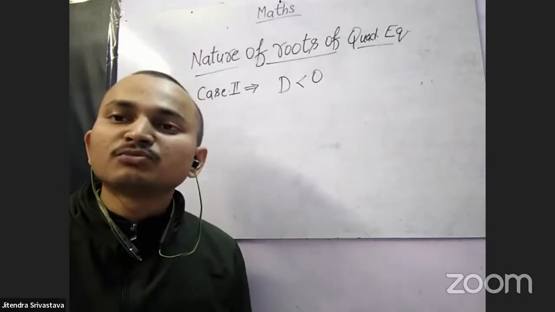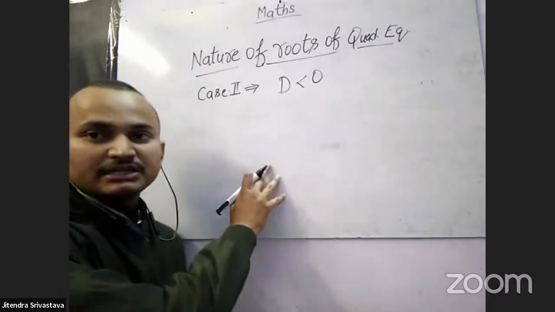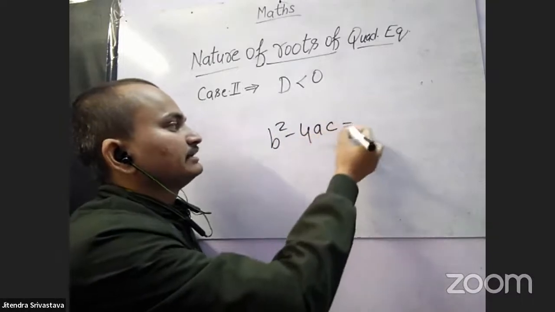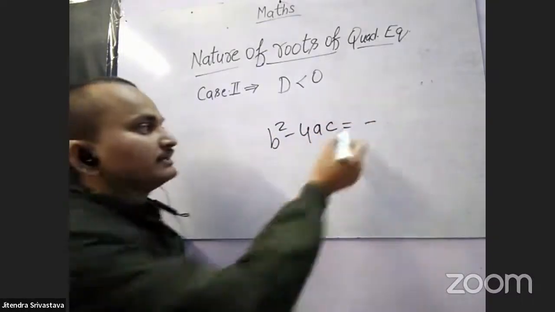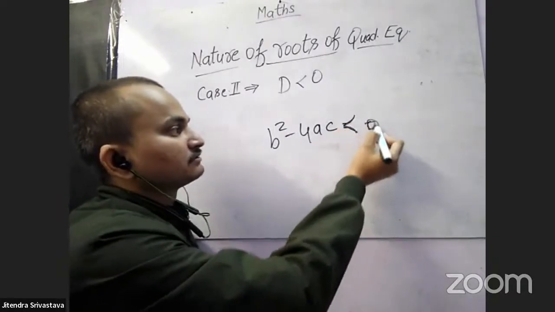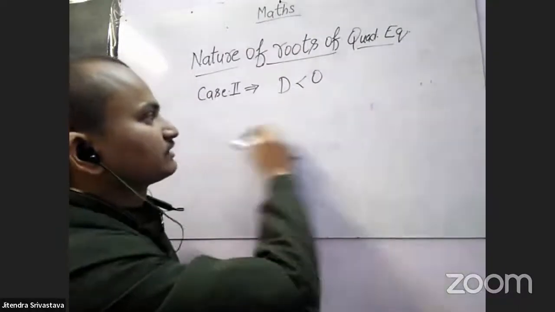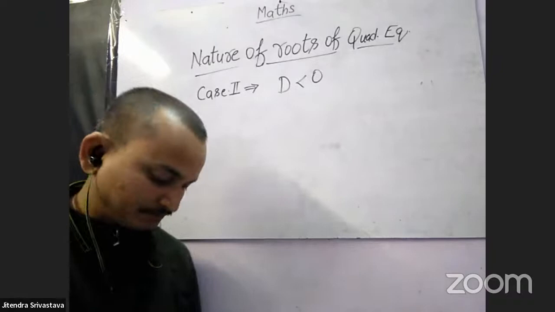So there is no formula to find out the roots of this equation. Less than 0 will always be a negative number, so we can say the roots will be unreal or imaginary.